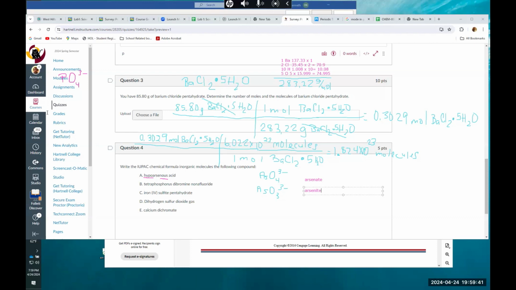And if I want to go down further to AsO2 with a 3 minus charge, then I'm going to call that hypoarsenite.